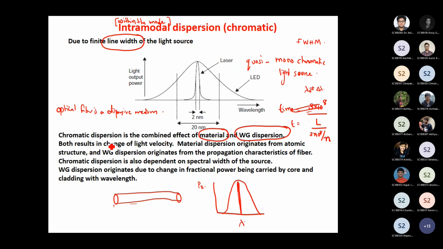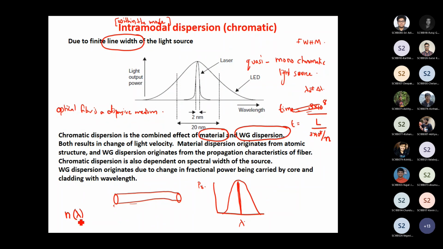Chromatic dispersion is the combined effect of both material dispersion and waveguide dispersion. We'll see about waveguide dispersion later. The material dispersion is because of the fact that the optical fibers we use for transmitting information signals are dispersive in nature. A dispersive medium is a medium where the refractive index n is always a function of wavelength. n is never a constant for any optical medium.